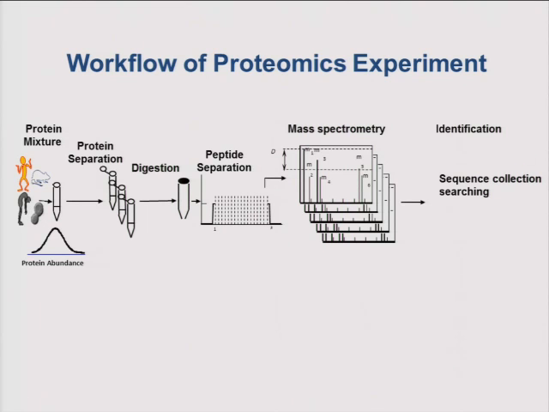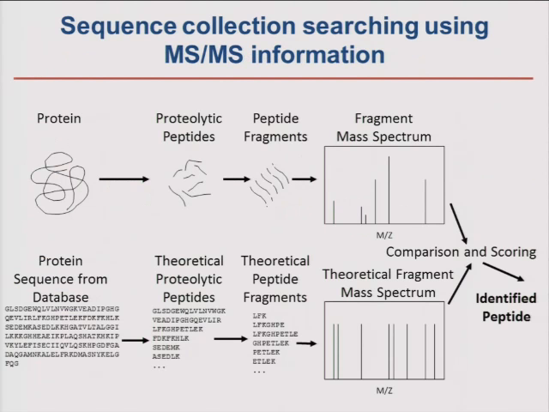fragment mass spectrum, which is then used to compare with information from the sequence collection, and supposedly it will yield an identification. And that is possible because with the theoretical sequences, you can do the same thing as in the experiment. You can digest with the same enzyme specificity as you had in the experiment.